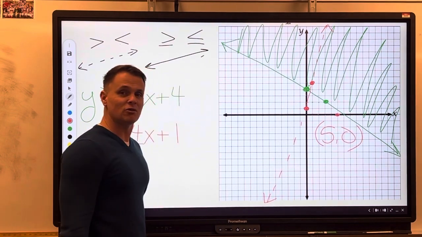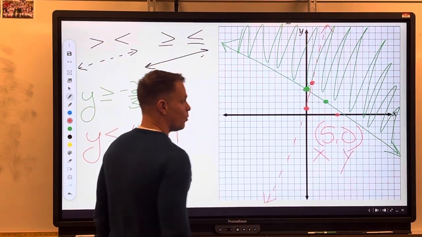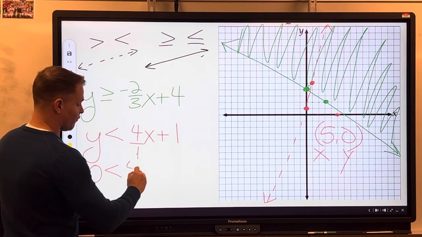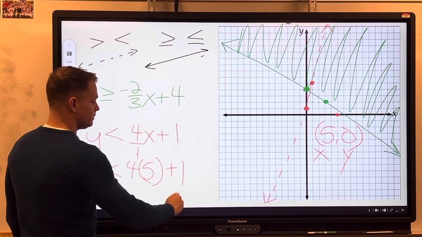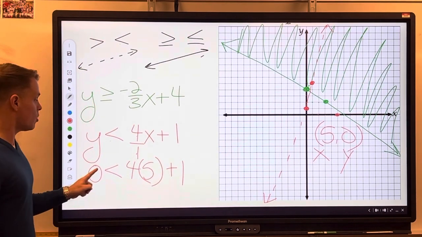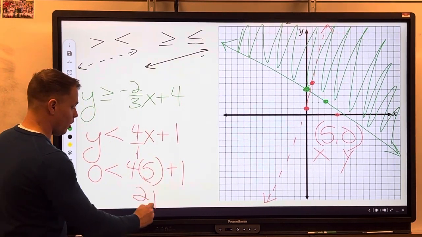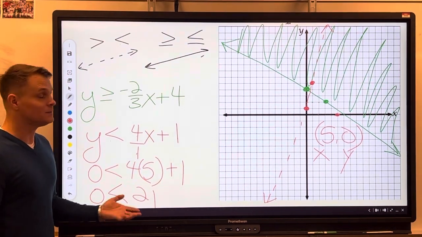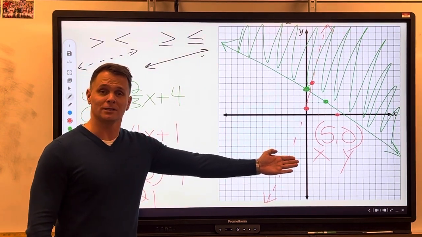If you put 5, 0 into the inequality, 5 is x and y is 0. I put the 5 in for x, the 0 in for y. 4 times 5 is 20, plus 1 is 21. Is 0 less than 21? Yes, it is. So I would shade the side that the true points are on.